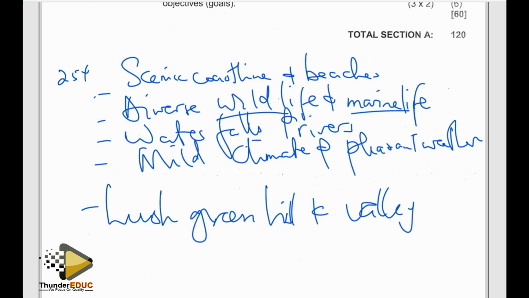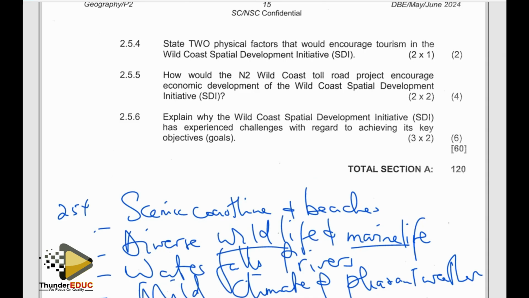Tourists would come to view such scenic physical features of the area in the Wild Coast. So basically, they can be the valid reasons as to why it can be an effective tourist attraction for that particular area.